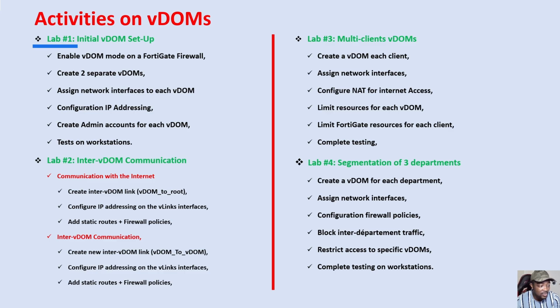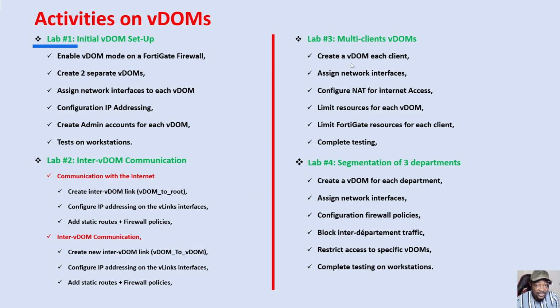Either you give access based on the internet access that you have on your physical device, or you provide each vDOM access depending on whether they decide to acquire their own ISP. So if they have two interfaces, they can decide to connect their own ISP on one of their network interfaces from the physical FortiGate device.